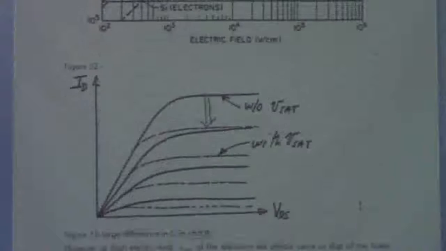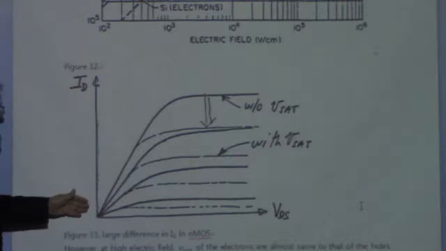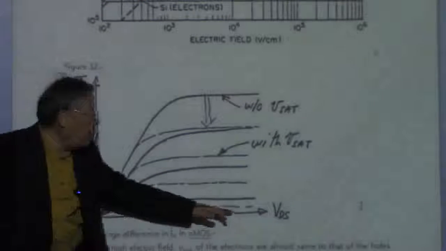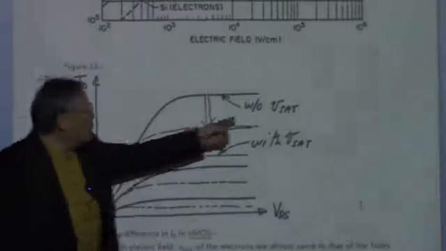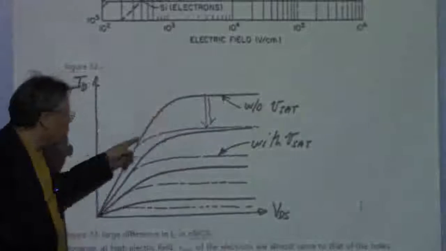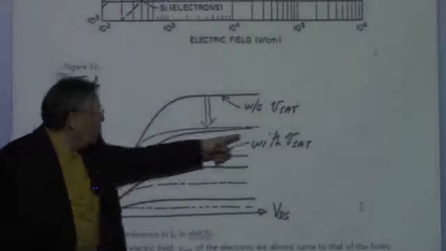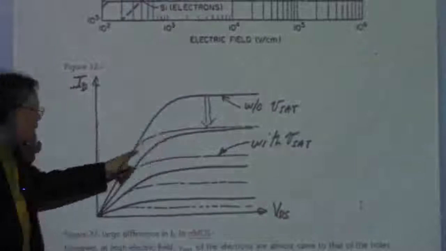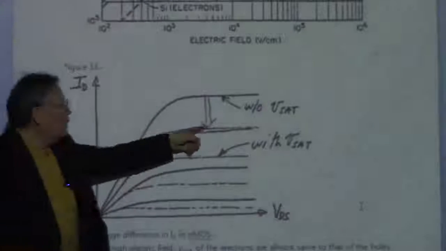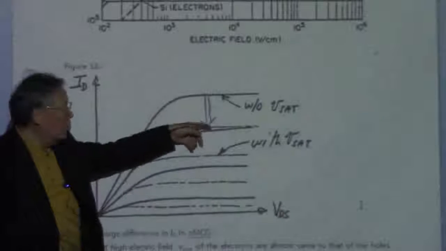So this is the typical example of the drain current and the drain voltage, without saturation and with saturation, which is the dotted line here. There is a huge difference between these two.